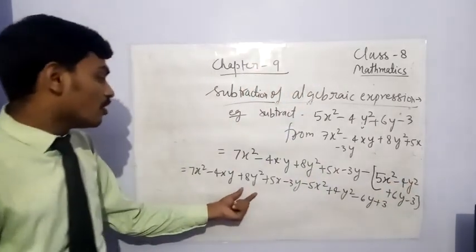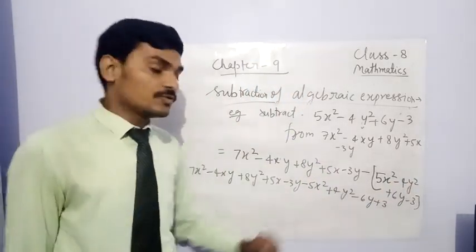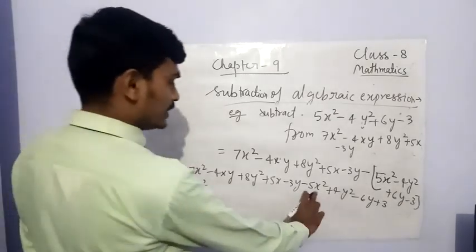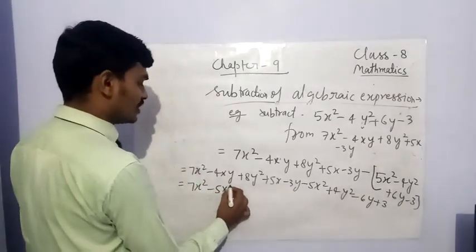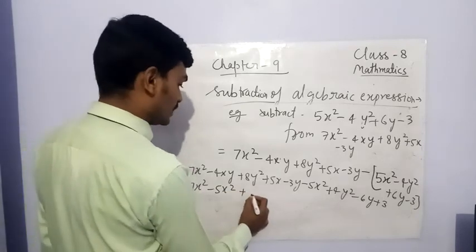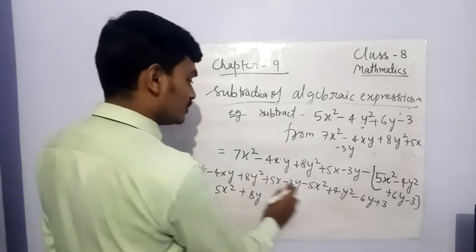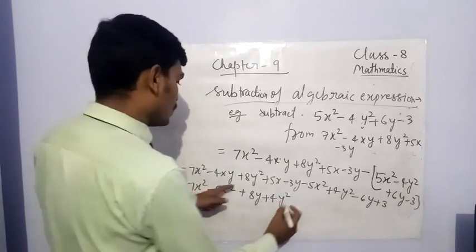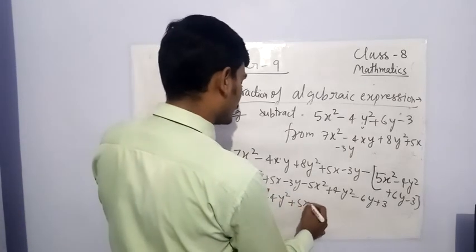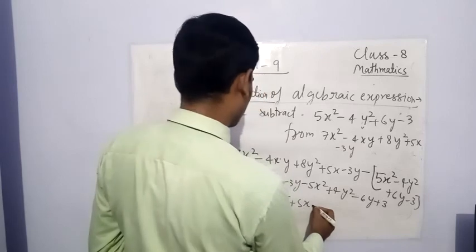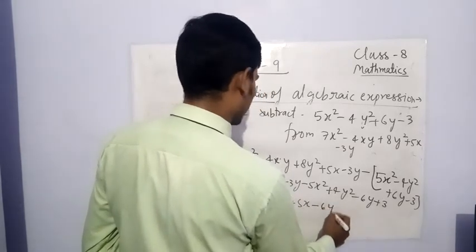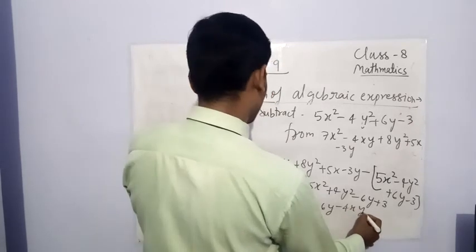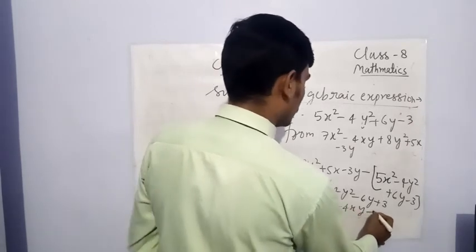Now place all the like terms together. Here is 7x square, here is also minus 5x square. Now plus 8y square plus 4y square. Now 5x minus 6y, then minus 4xy plus 3.